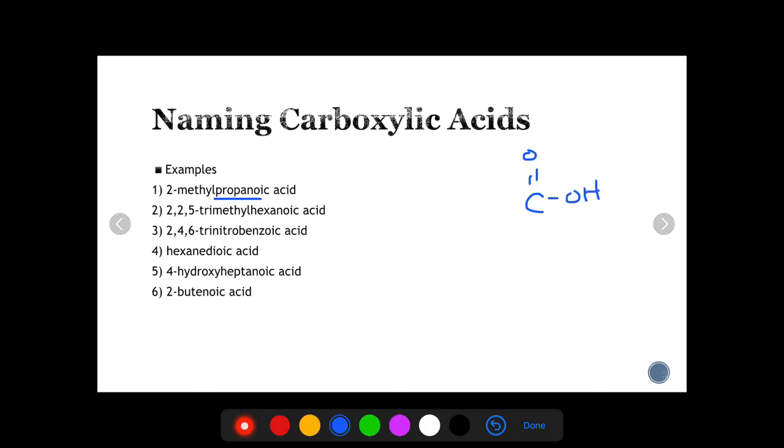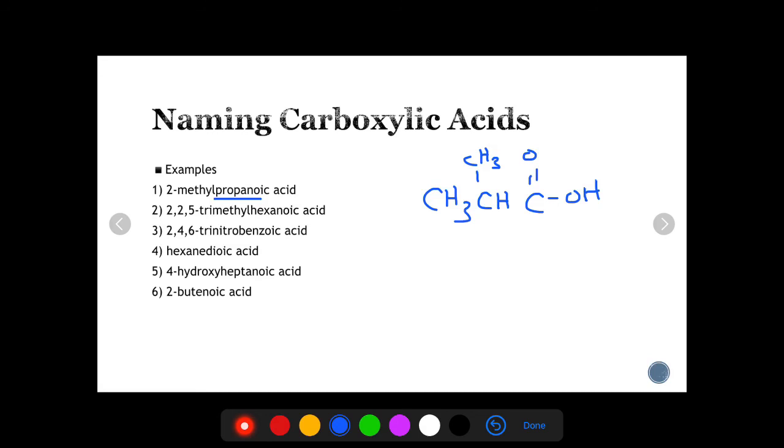So there's our carboxyl group, and the carbon from that is our first carbon. So then on our second carbon we have the methyl group, and then we have one more. Because again our parent chain is made up of 3 carbons. Okay, and that is it for that.